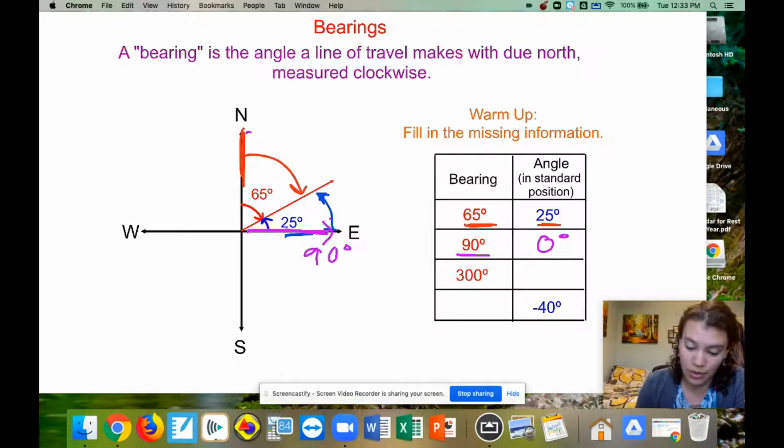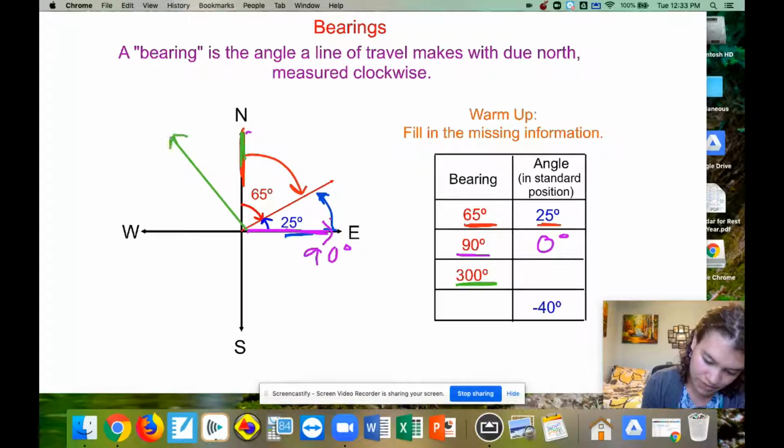Okay, so a bearing of 300. This would be 0, and then all the way around would be 360. So 300 has to be somewhere here-ish. So say this is your 300 bearing.